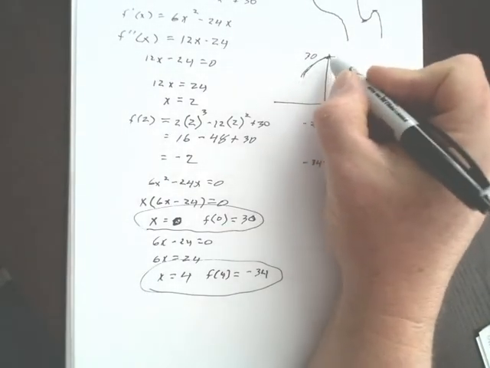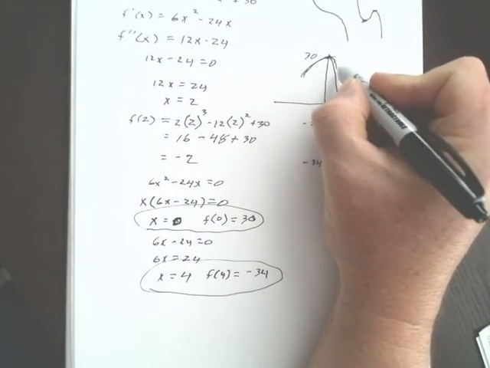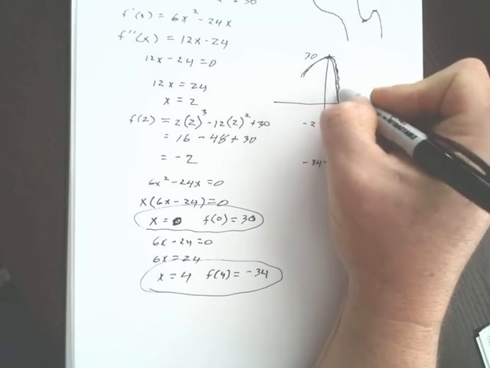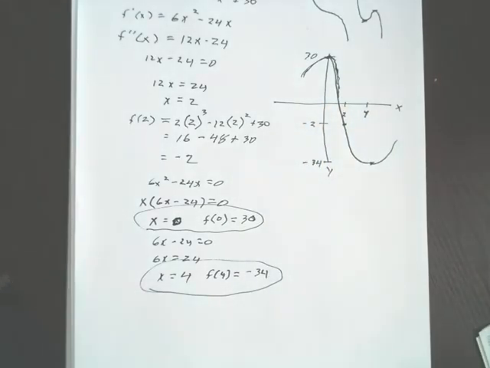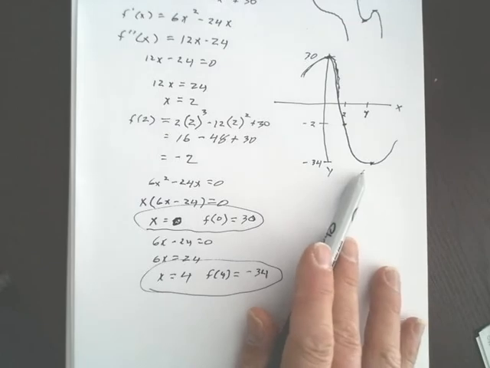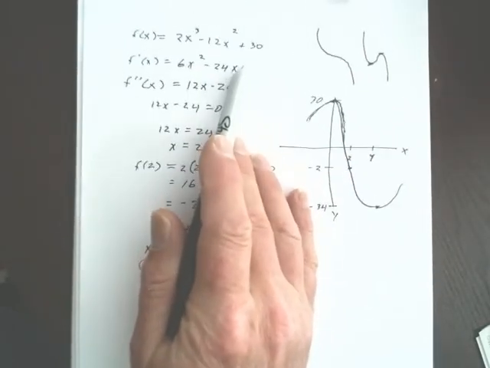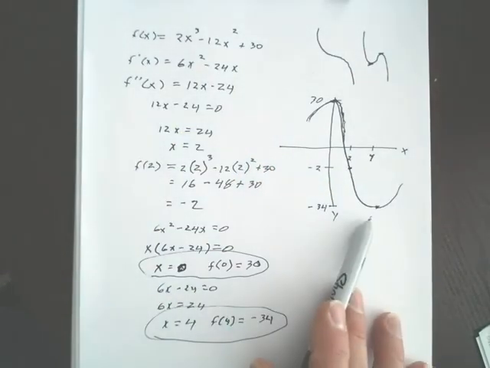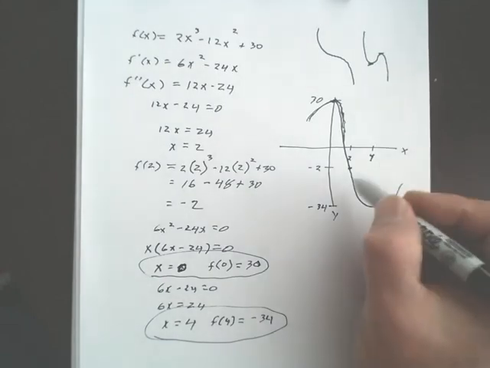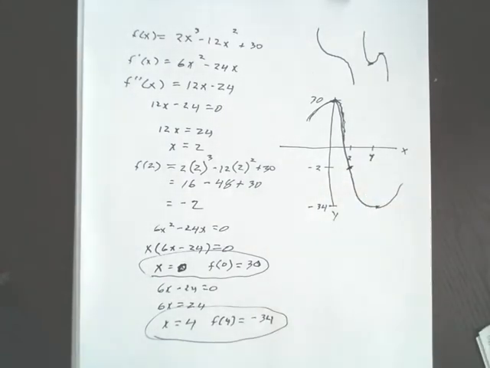Okay? And that is the graph of, I probably should have brought this out a little bit more, that is the graph of our relatively complicated cubic function, okay, with the inflection point being right in the center here. Okay, it's not that hard.